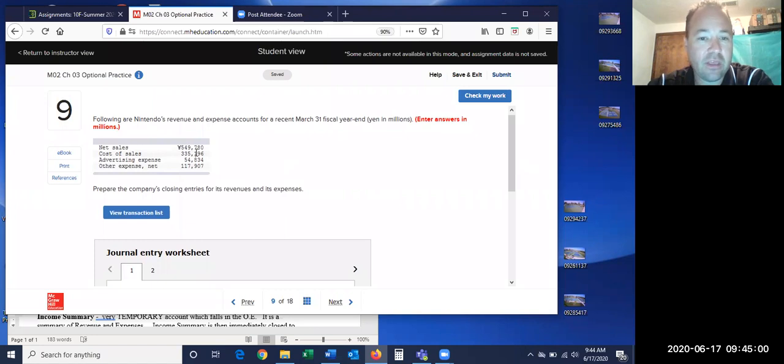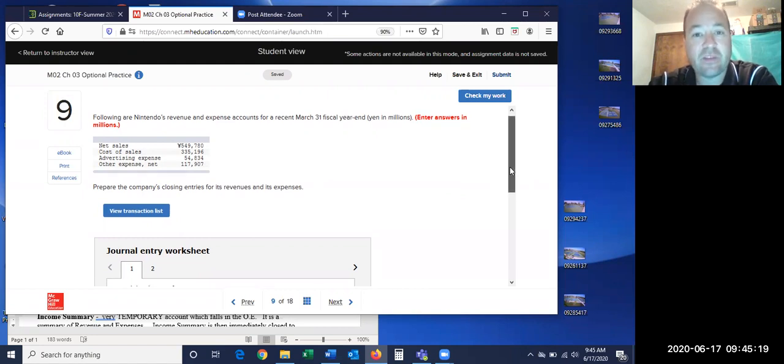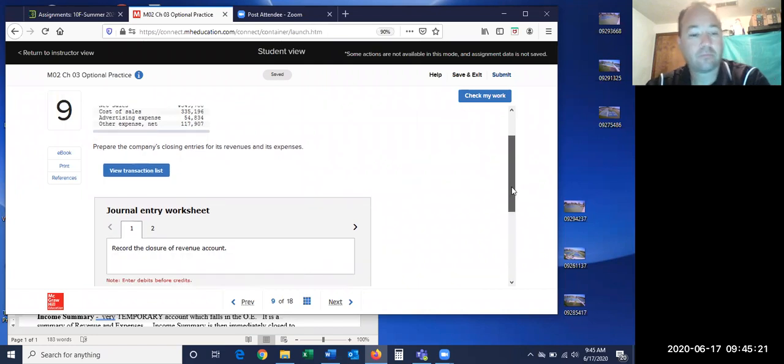We've got here the account balances for net sales, the cost of sales, advertising, and other expenses. Cost of sales is an expense that we're going to really look at starting next week when we start looking at inventory and selling inventory. But that is something that we do have to close out.